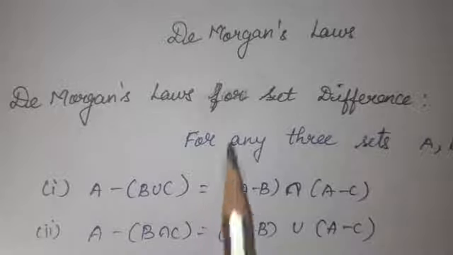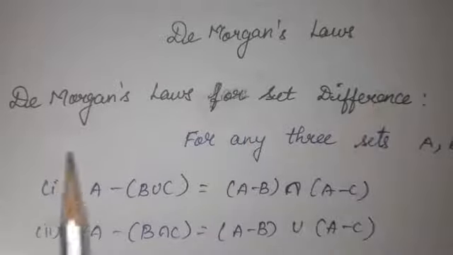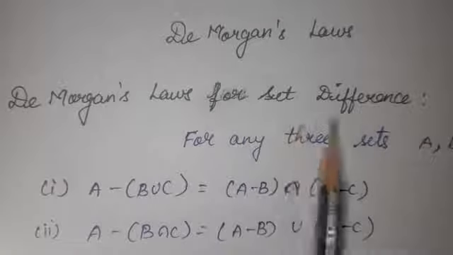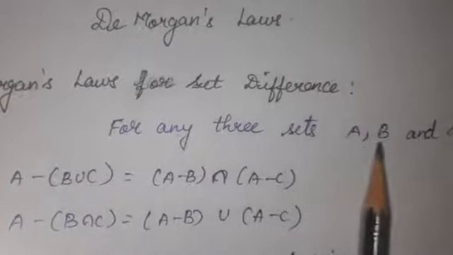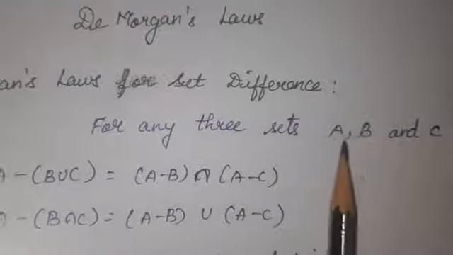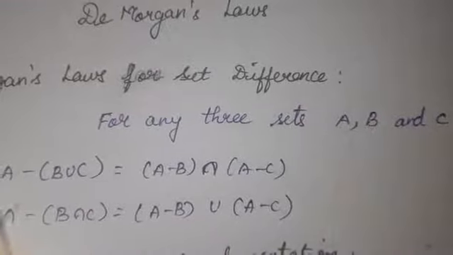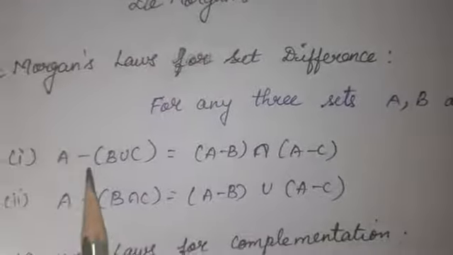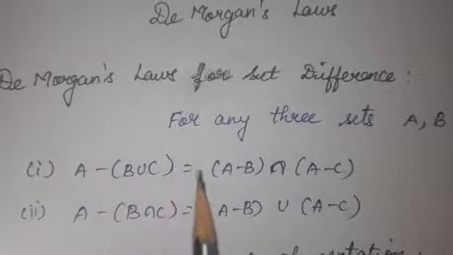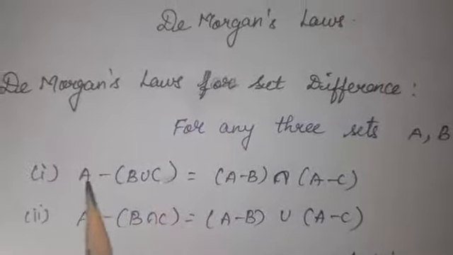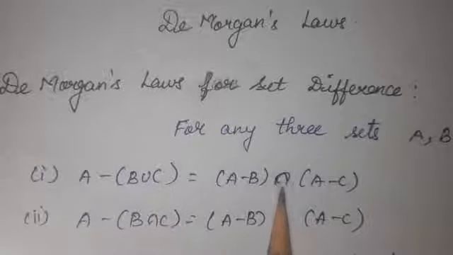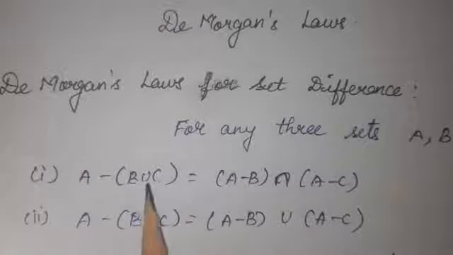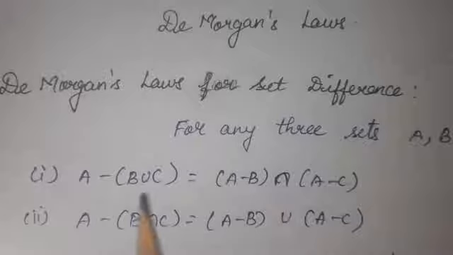Next topic is De Morgan's law for set difference. For any three sets A, B, C, here three sets are taken. The first formula is A difference (B union C) is equal to (A difference B) intersection (A difference C). In De Morgan's law, where union comes, here you will get intersection.